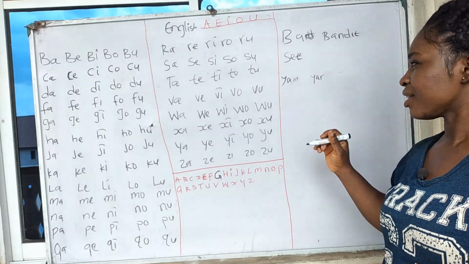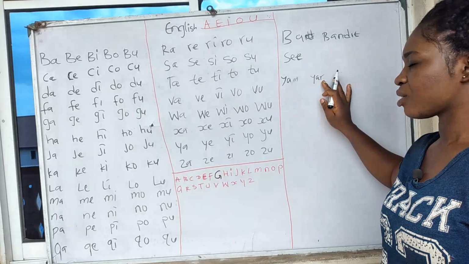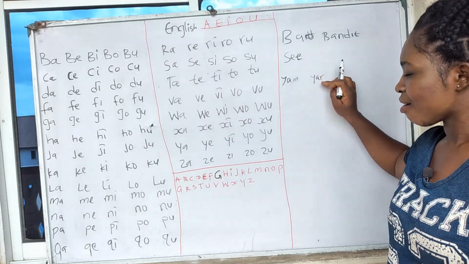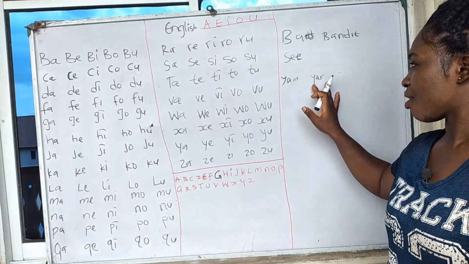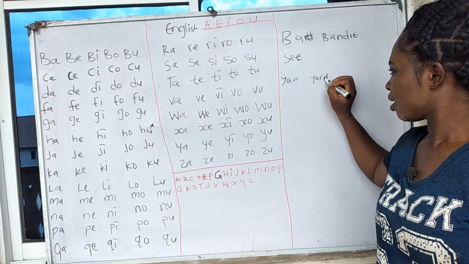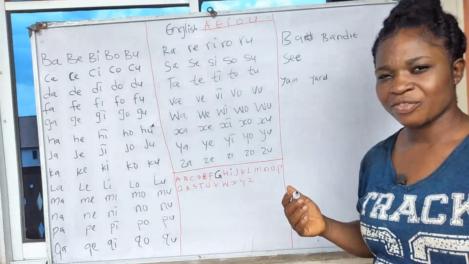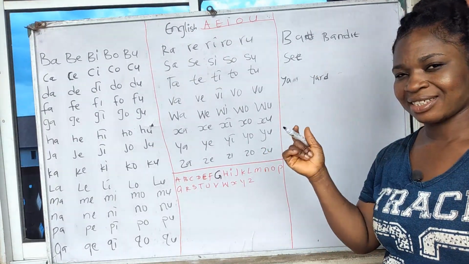The only difference you're going to see here is that this one was shorter, but this was longer. But the R there is not pronounced. It is silent. You now have ya. So I decided to add D to this. And I have yad. It changed from ya to yad.